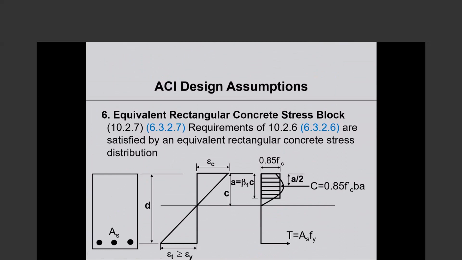A long time ago, I had a friend, Muharram Sargin. He decided, and he published this. I forget now, it was so long ago, I won't be able to find it. But he took a stress, so this is the strain distribution.